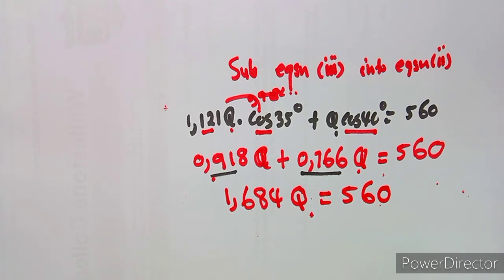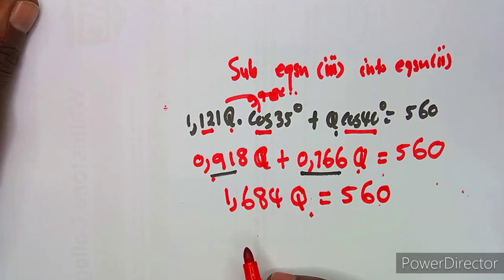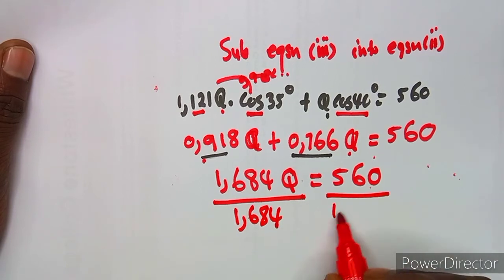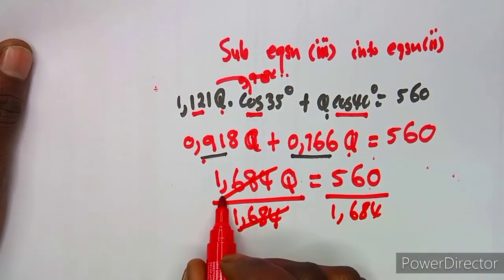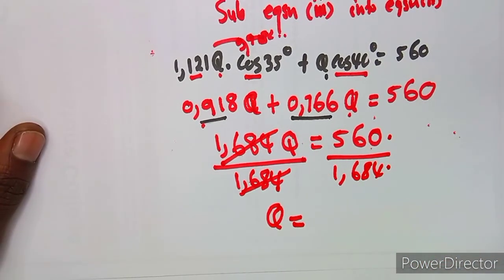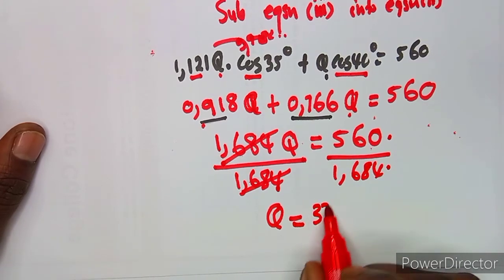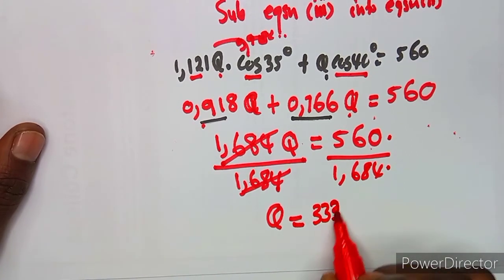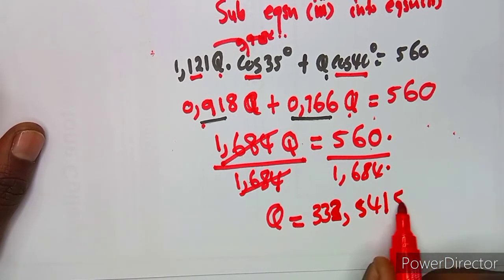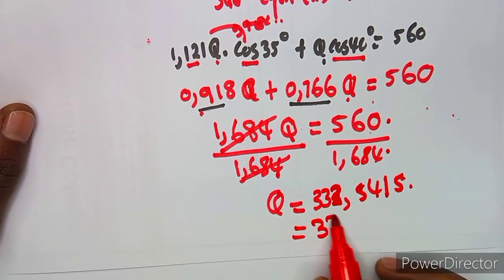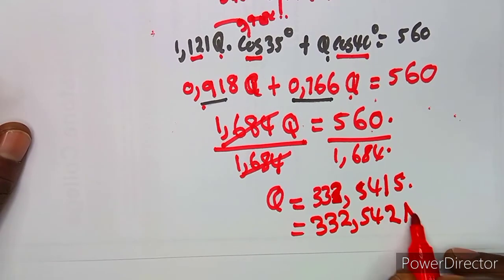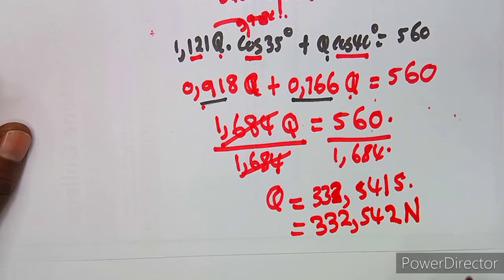Definitely someone has to divide by 1,684, so this can cancel. So my q, if you divide, is going to be 332,541, 56, something like that, which is going to give us 332,542 newtons. These were newtons, so it's going to remain in newtons.